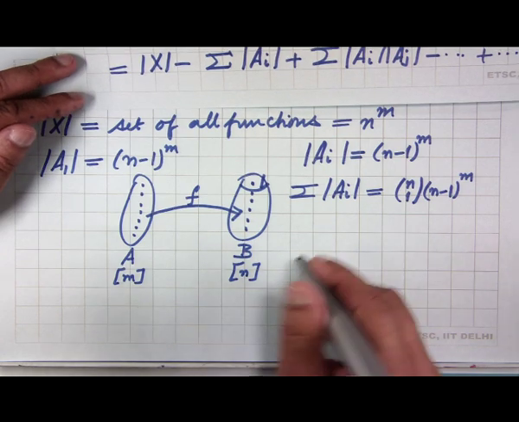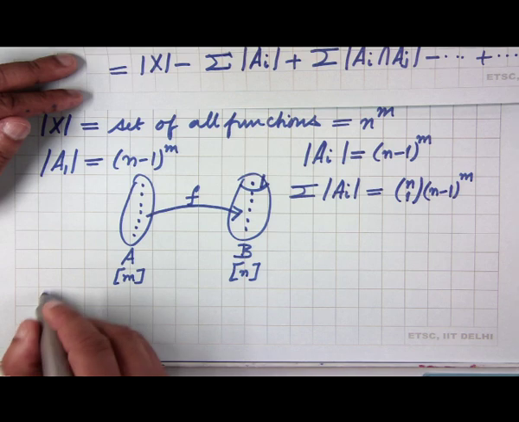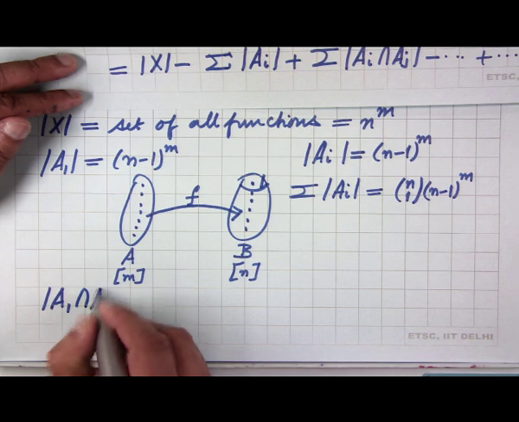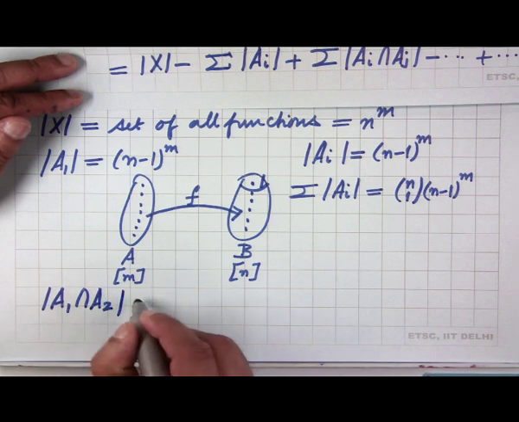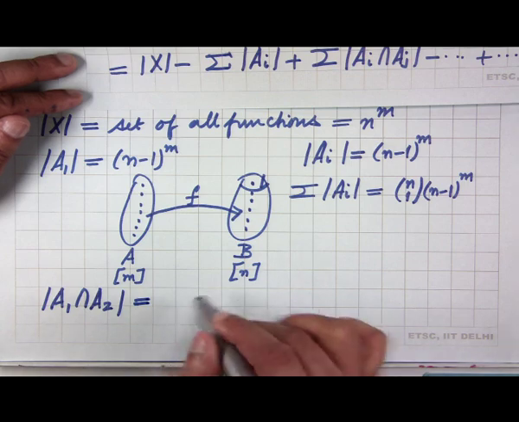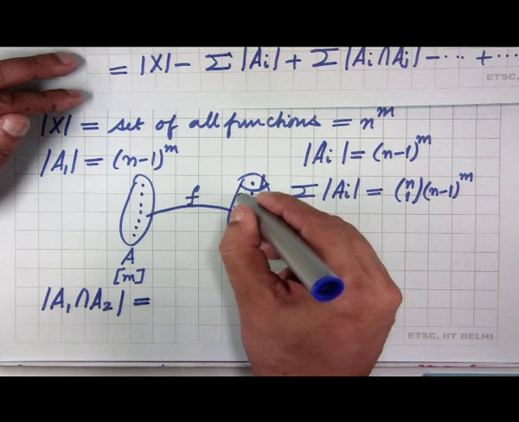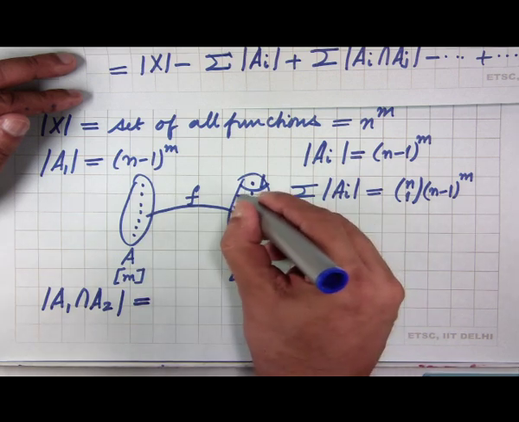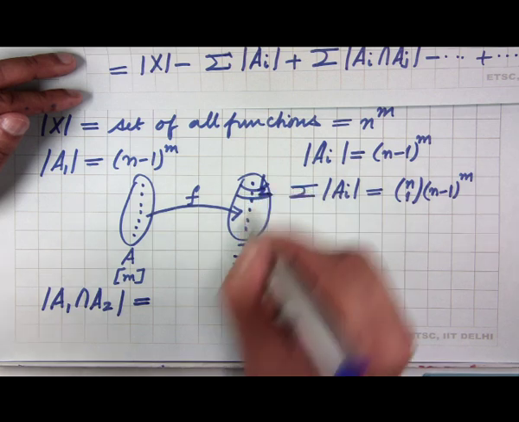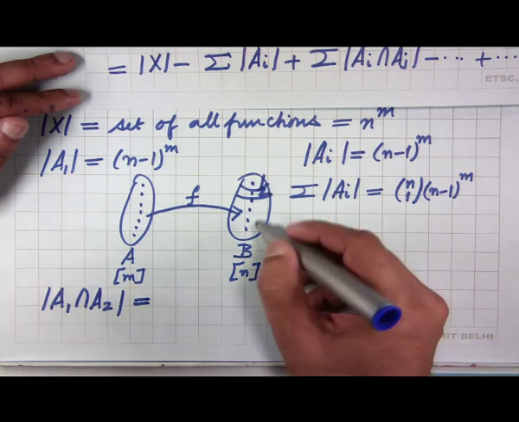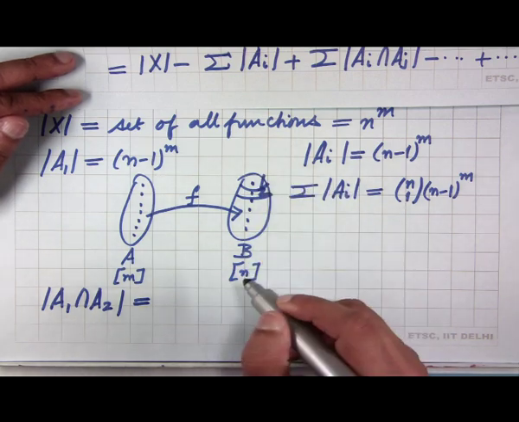Let me do one more of these before I try to write a general formula down. What can I say about the cardinality of A1 intersection A2? In A1 intersection A2, if I use the same picture as before, my domain of the function is of course the same. My range is in fact restricted to within the subset of n minus the first two elements.